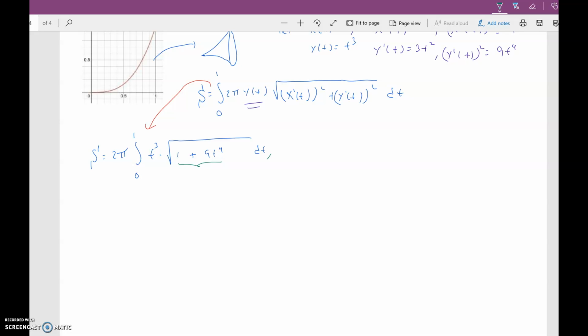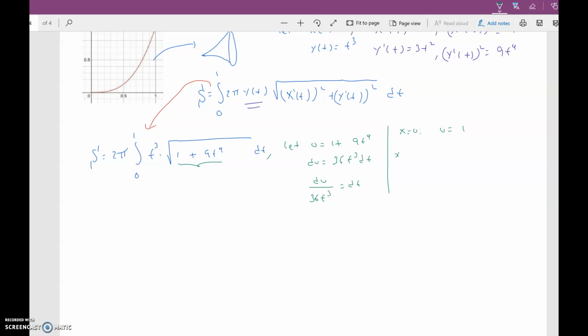And as I mentioned before, some of these we may need numerical approximations. So we're just going to let u equal 1 plus 9t to the fourth. So du is equal to 36t to the third dt, or du over 36t to the third is equal to dt. And for t equal to 0, u is equal to 1.